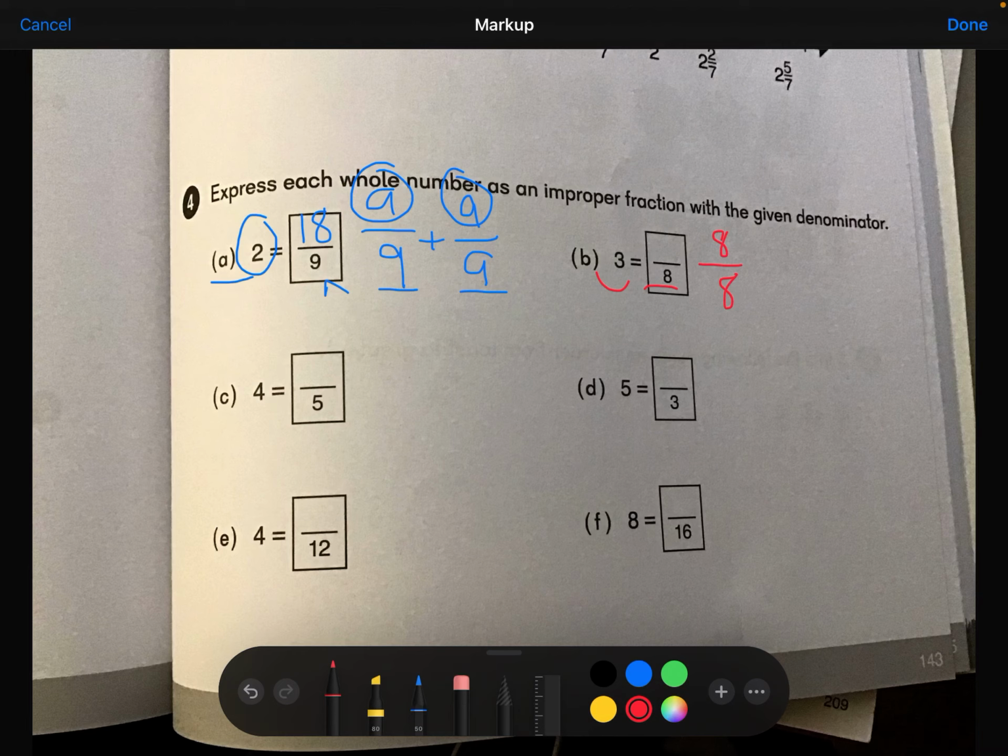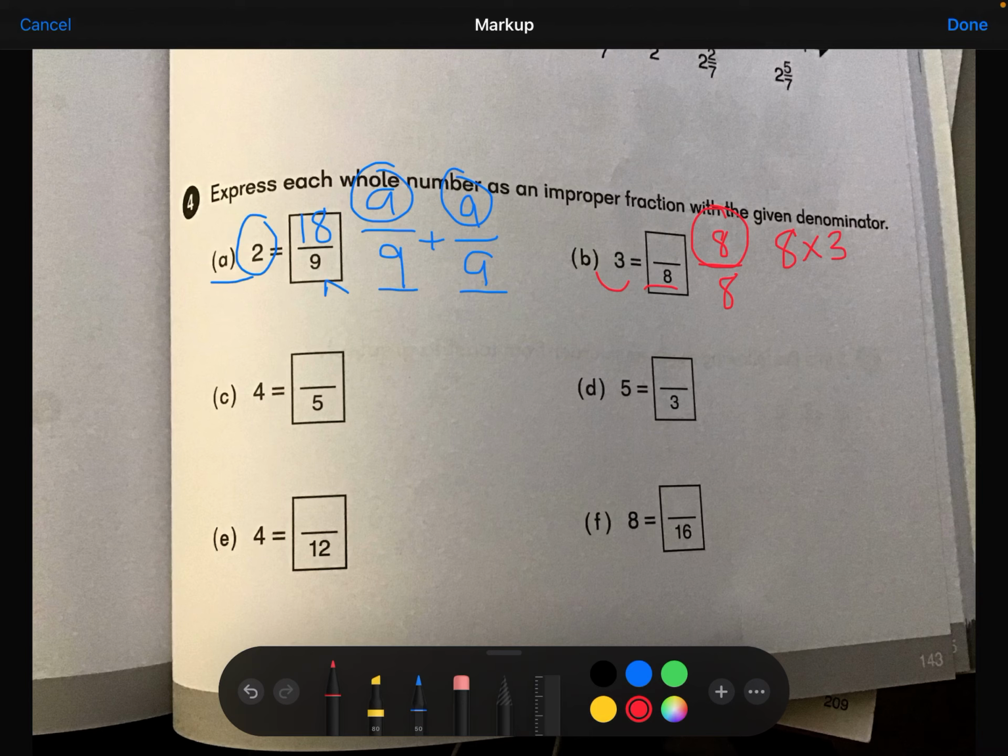You know that your denominator is going to stay the same. Could we write it out as 8 over 8 plus 8 over 8 plus 8 over 8? Yes. But you could also say that's repeated addition of 8 3 times, which is the same as 8 times 3. Your numerator is going to change, your denominator is going to stay the same.